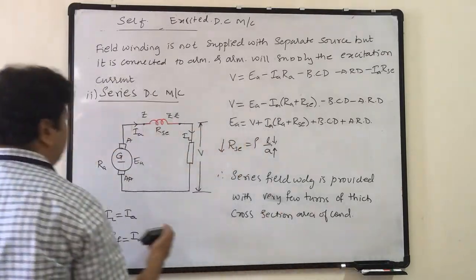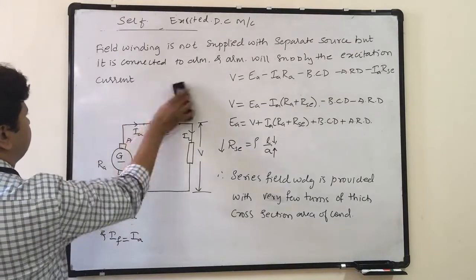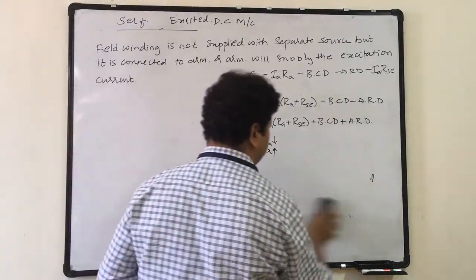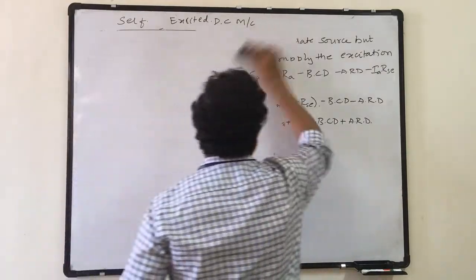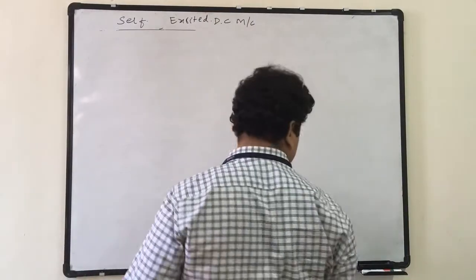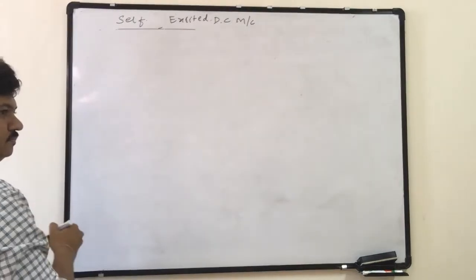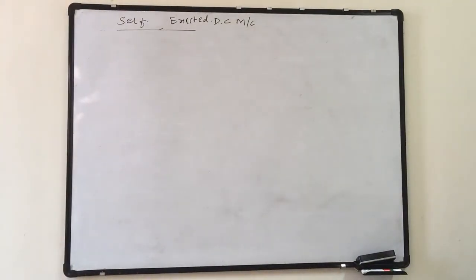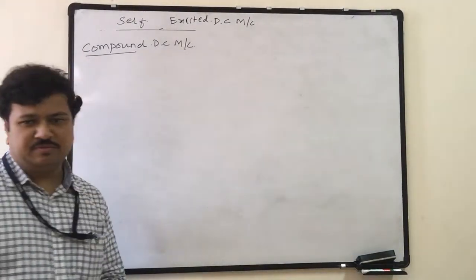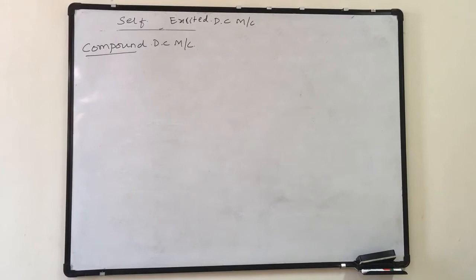Next comes the compound DC machine, which has both shunt as well as series field windings.